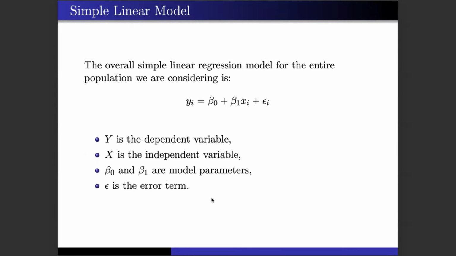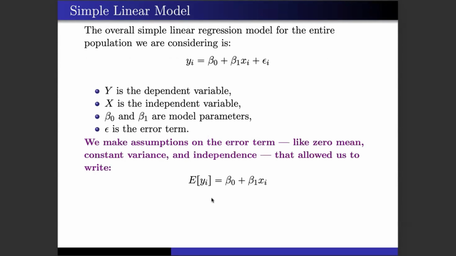The error term is the random component, and so we make some assumptions on it: the expectation of the error term is 0, it has constant variance, all the epsilons are independent and identically distributed, and they have a normal distribution. When we make these assumptions, we get a model where the mean of the dependent variable is expressed as a function of the independent variable.